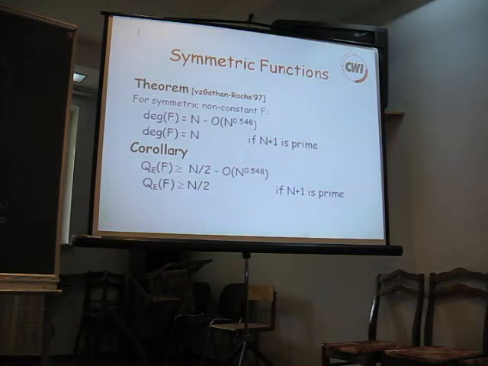For example, if you have a symmetric non-constant function, then we know that the degree of that function is going to be almost n. And it's going to be n if n is a prime. So for all these functions, you get bounds of linear over 2, by just plugging in the known results about degrees, and you get automatically bounds on quantum algorithms that solve these problems.